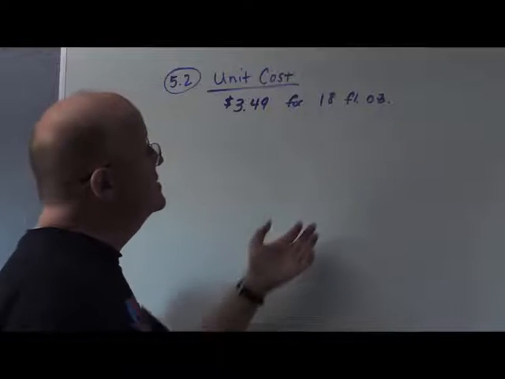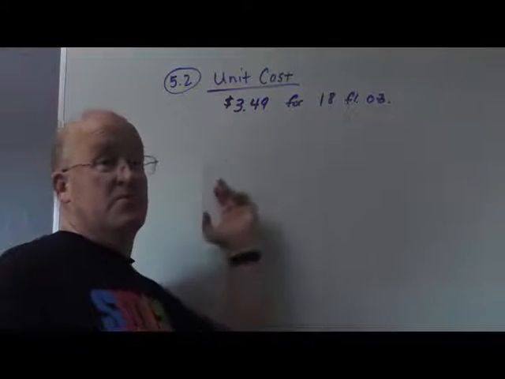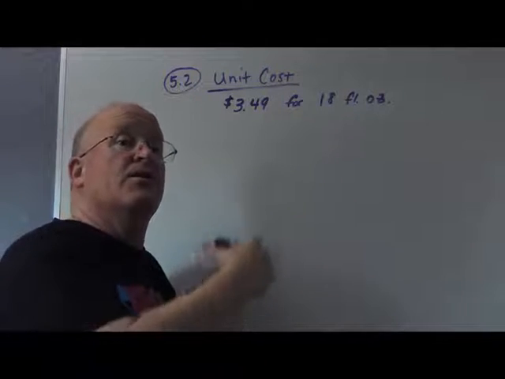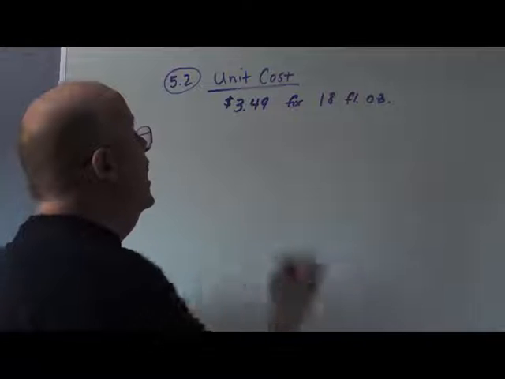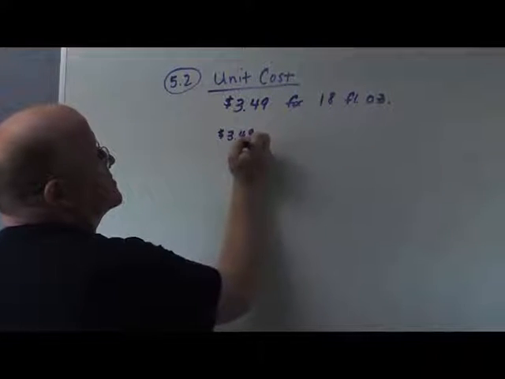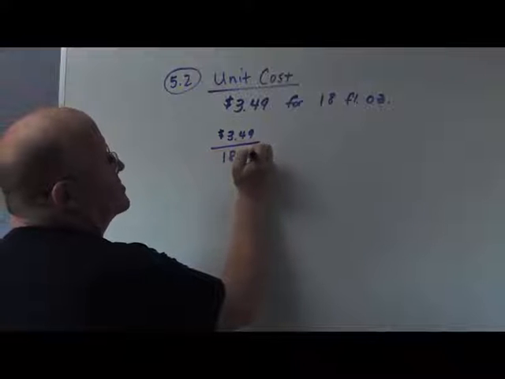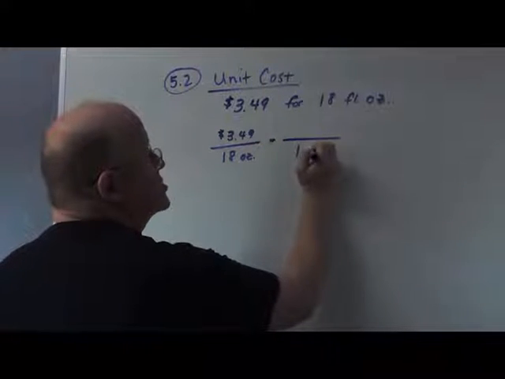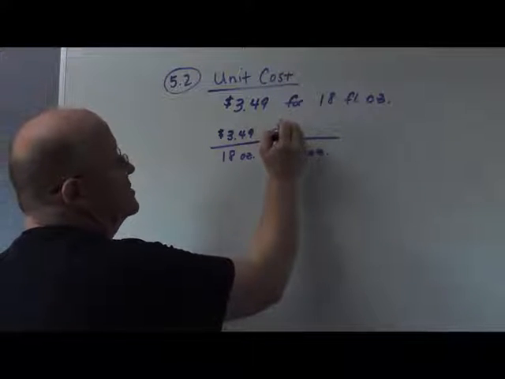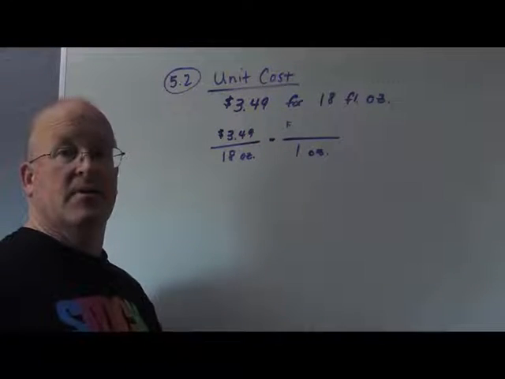It would not make sense to say how many ounces per dollar. Usually the dollar amount goes in the numerator and the unit goes in the denominator. I do not want to say $3.49 per 18 ounces. The unit cost should have 1 ounce in the denominator, and we're still going to have the dollar sign up there in the numerator.